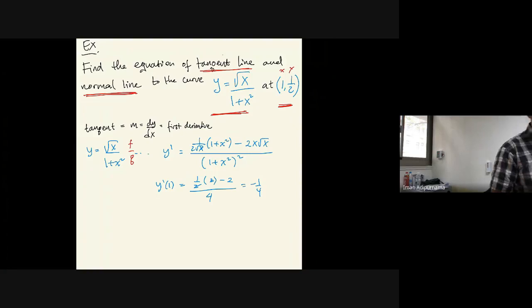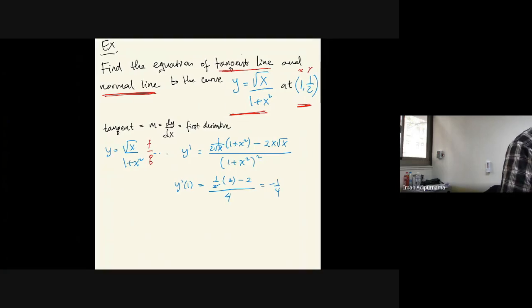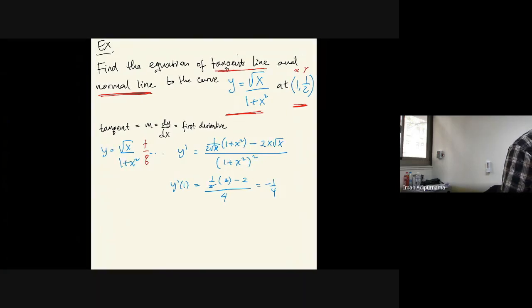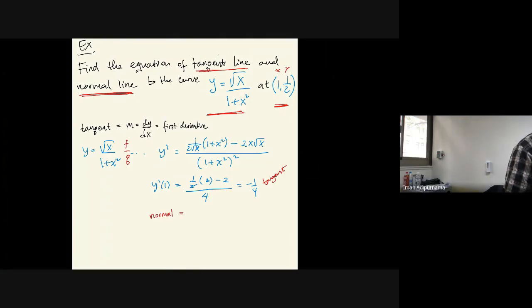It's negative 1 over 4. Okay, another point that I want to make sure that you know: this is the tangent. Let me write, this is the tangent. The normal is, if the tangent is m, the normal is negative 1 over m.